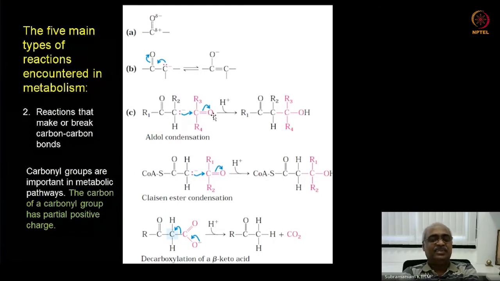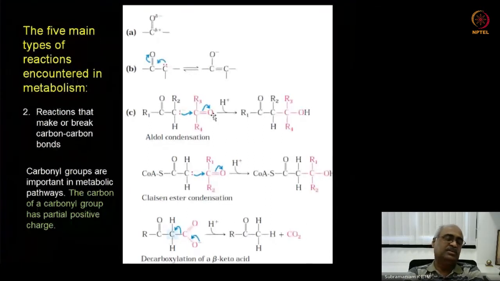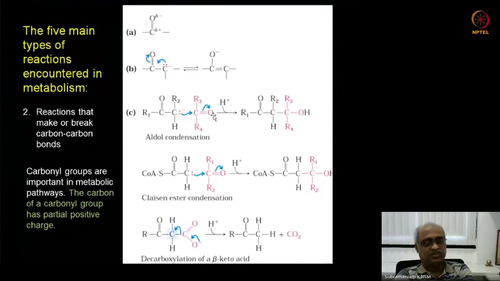We will see this in the reverse direction when fructose 1,6-bisphosphate breaks down to glyceraldehyde 3-phosphate and dihydroxyacetone phosphate. Those 2 are the trioses generated by cleaving the carbon-carbon bond in fructose 1,6-bisphosphate. So that is the reverse direction in glycolysis. Aldol condensation, in that particular example, is glyceraldehyde 3-phosphate and dihydroxyacetone phosphate joining to make fructose 1,6-bisphosphate.